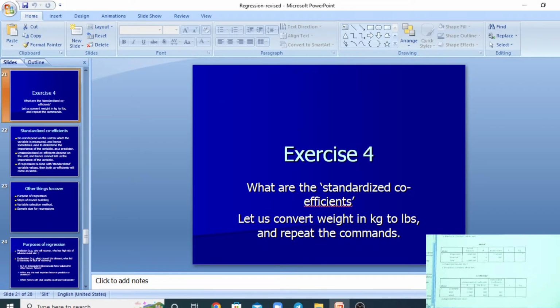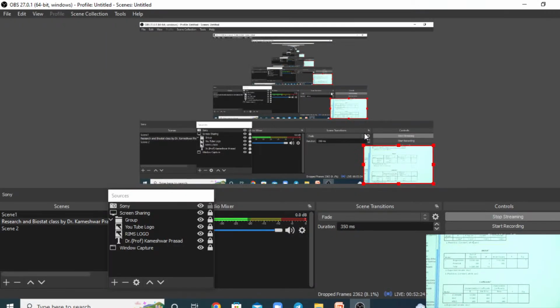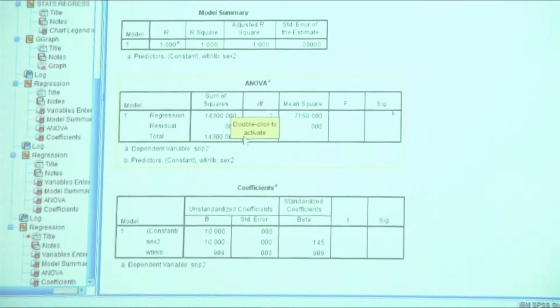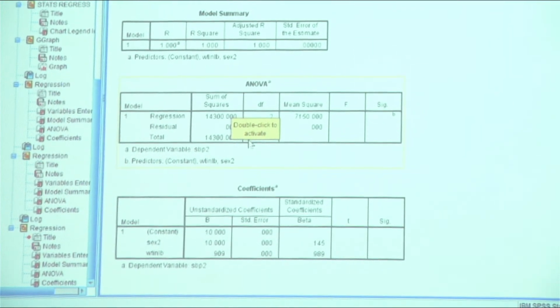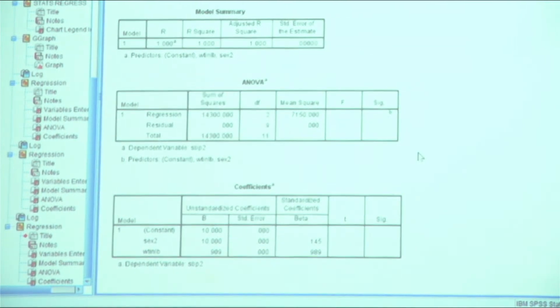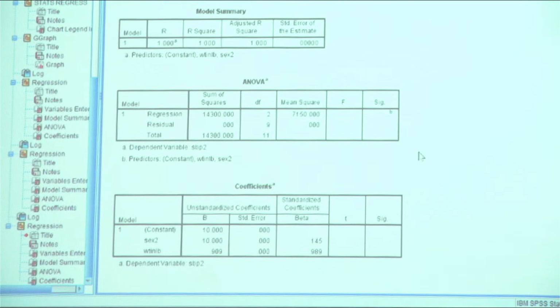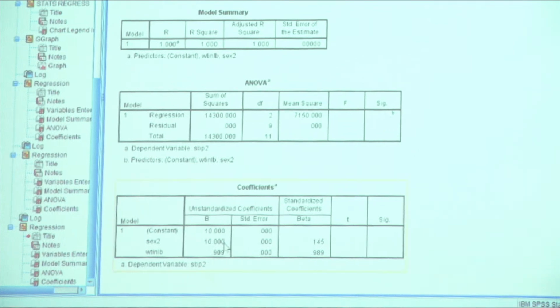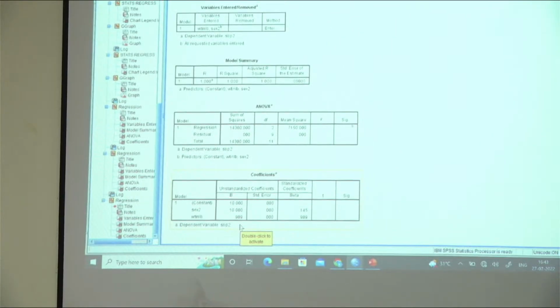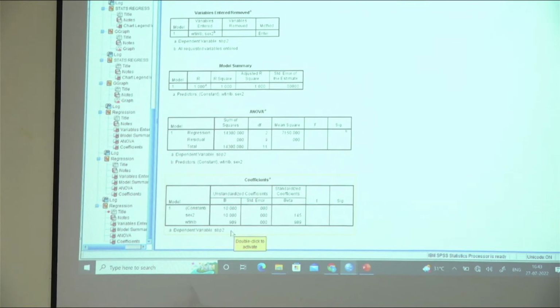R square doesn't change, it remains 1. Sum of squares doesn't change, it remains 14,300, residual doesn't change, it remains 0. Constant doesn't change. So the coefficient has changed, 0.909. What was the number here earlier? 2.